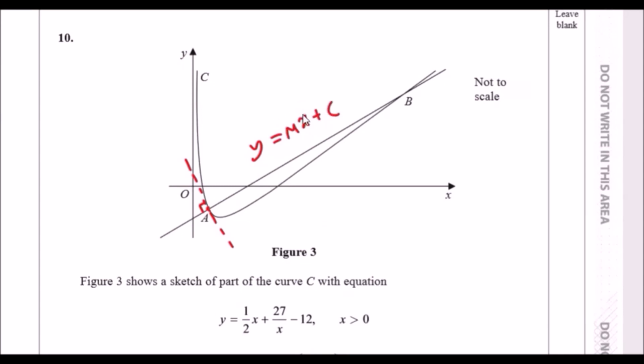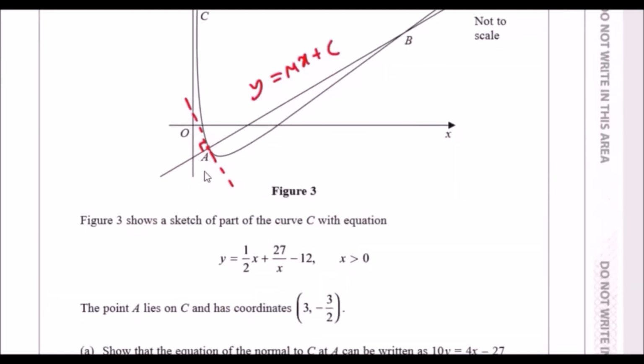We just need to find the value m, and m is going to be the perpendicular gradient at the point A. To get that, you need to differentiate, because dy/dx is also known as the change in y over the change in x, which is the gradient. When you find that, just take the negative reciprocal and you're done. You've found m. And to find c, just plug in the value of A and you've got it.